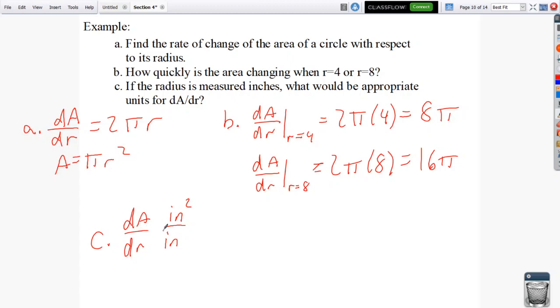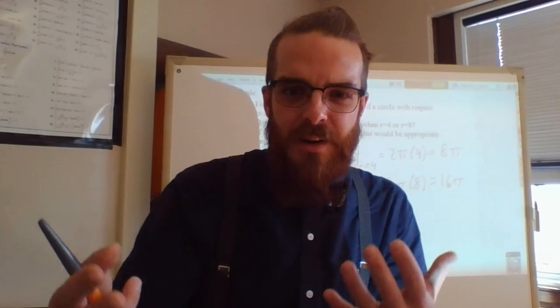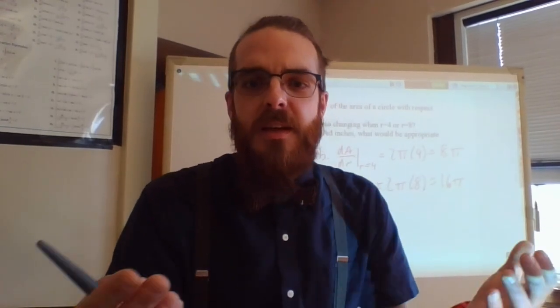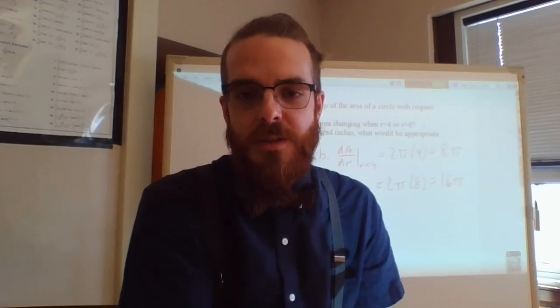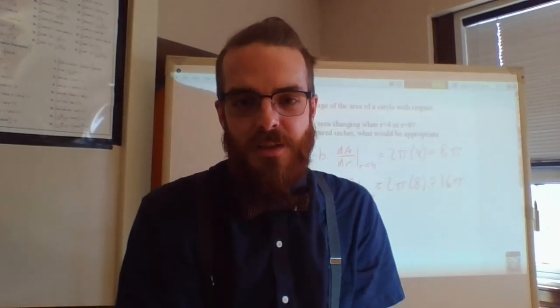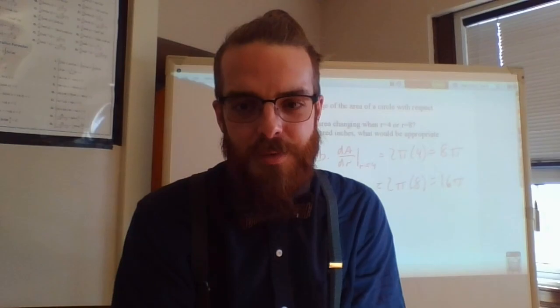You would probably want to put a sentence: if the radius is measured in inches, appropriate units for dA/dr would be inches squared per inch. Do not simplify this to just inch. It's important to note that as the radius increases so many inches, the area increases this many square inches. So it's important not to simplify that.